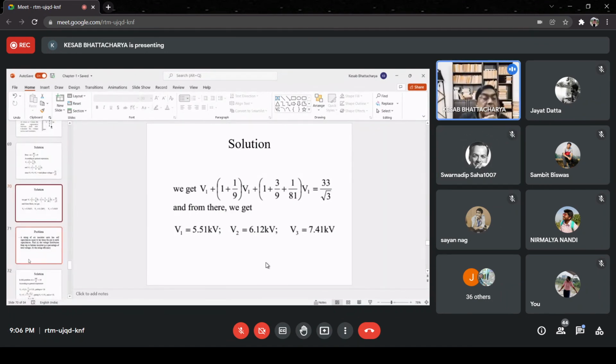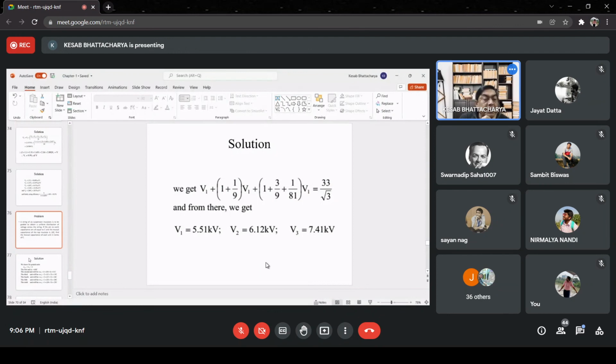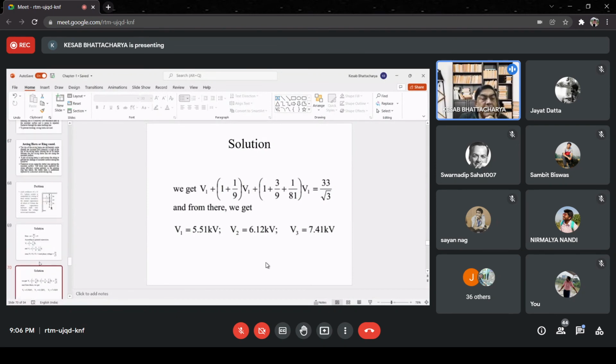Now let me see what things are left. Other problems you work out from any book on power systems, transmission and distribution, and also from Parker and Smith. So with this, we conclude our discussion on chapter 1.